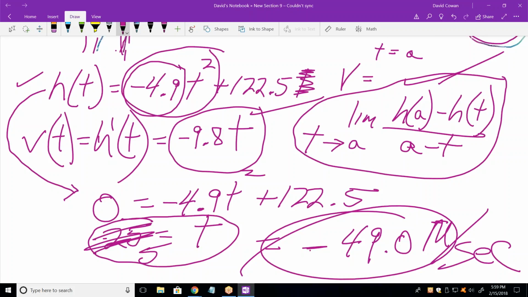In other words, it looks like they wanted you to recognize that velocity was the first derivative of position or height, and that this is the definition of first derivative. So velocity is this. It's just that we have an easier way to do it by using the power rule. So by using the power rule, we did this rather quickly.